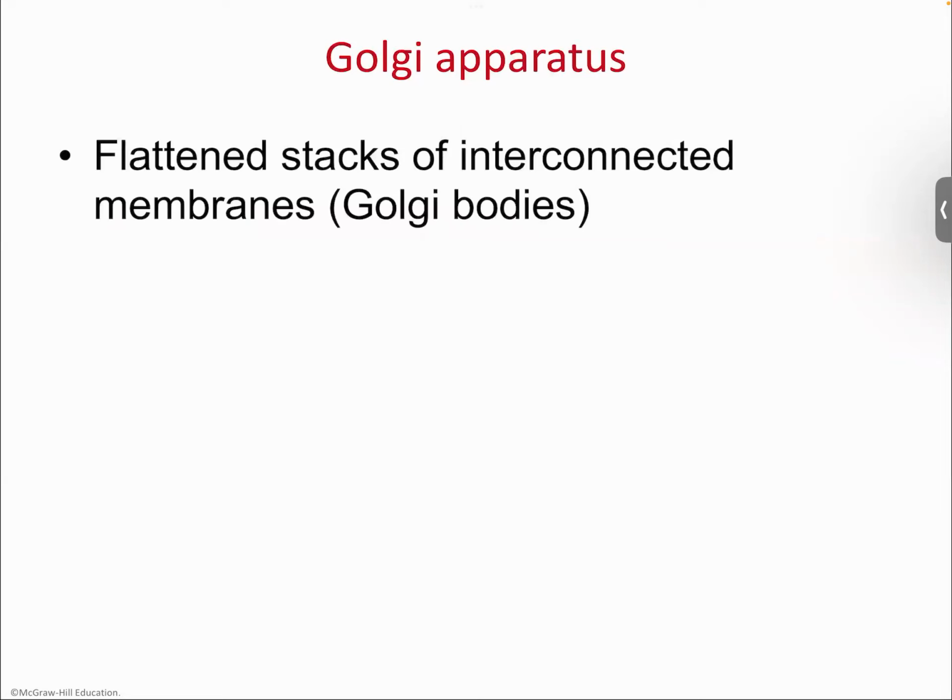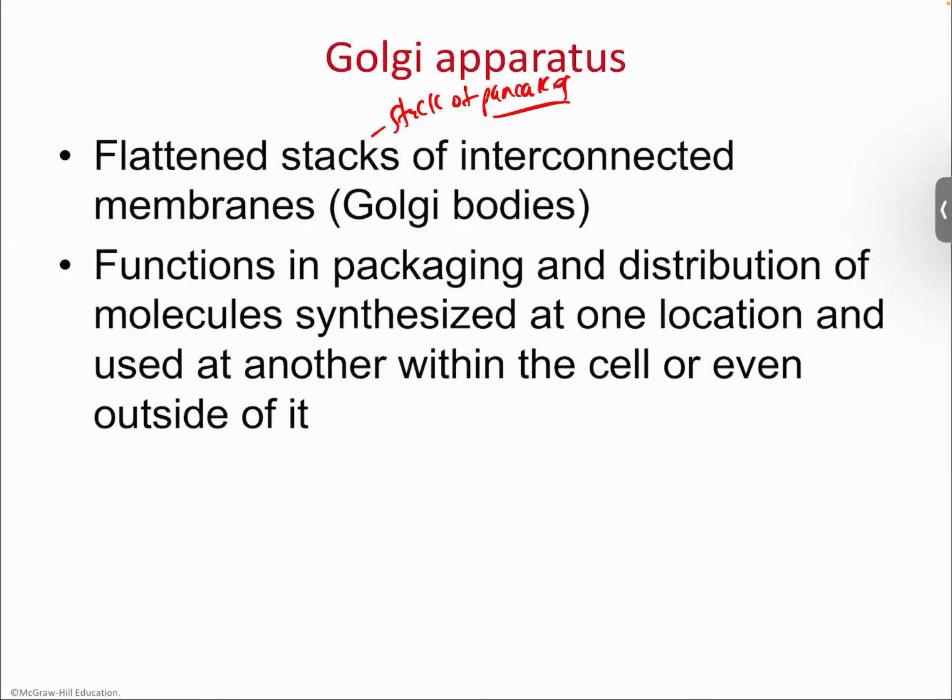So the transport vesicle is going to be taking this crude protein to the Golgi, which is a flattened system of membranes, like a little stack of pancakes. The Golgi has three main processes, right? Modify, that's basically the molecule synthesis.